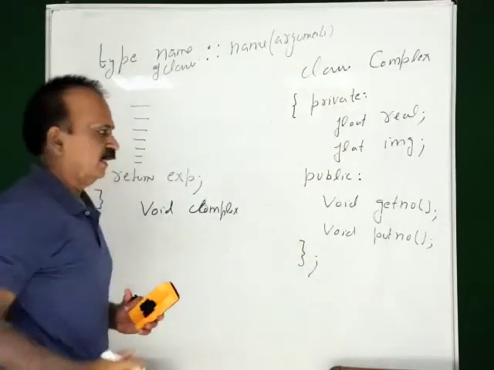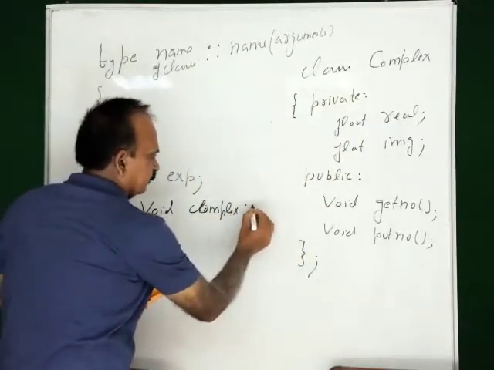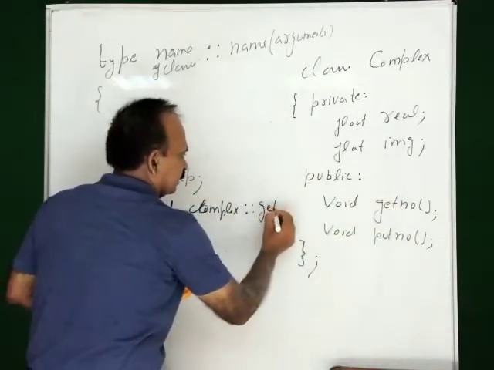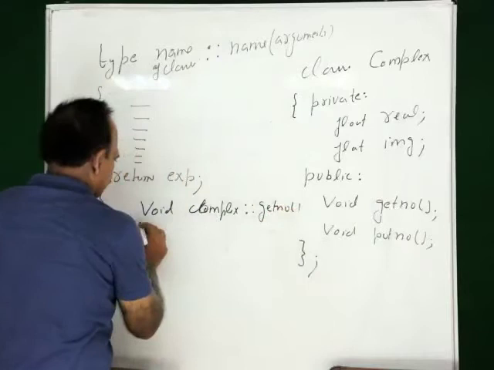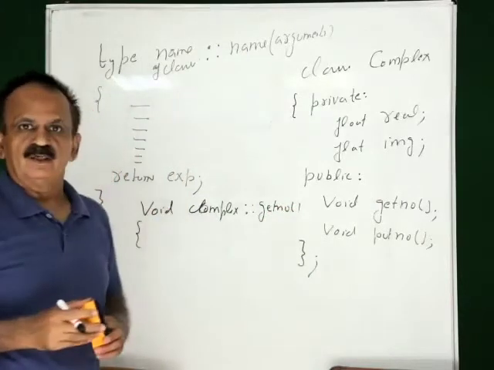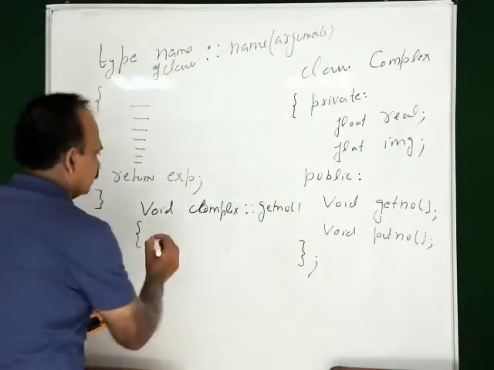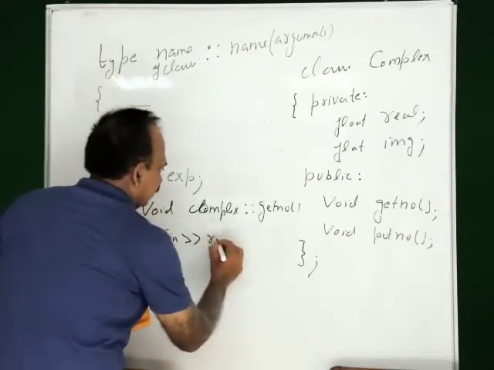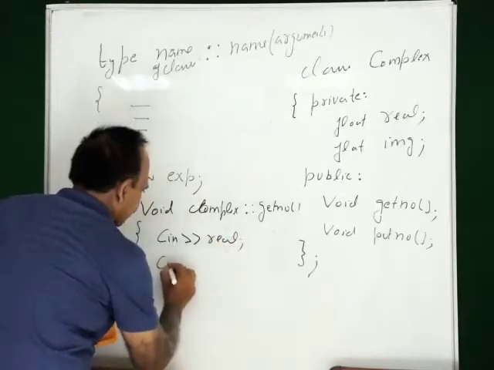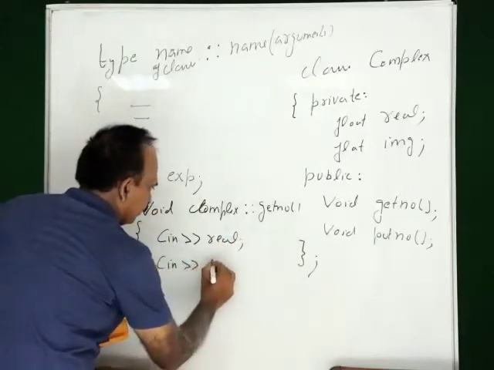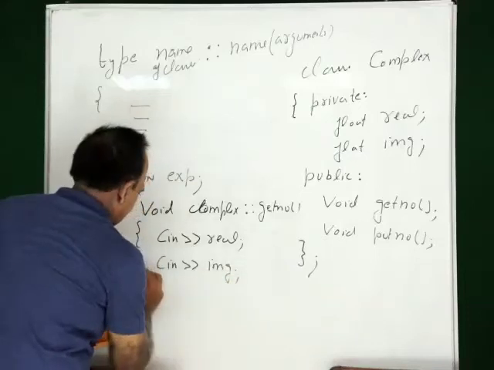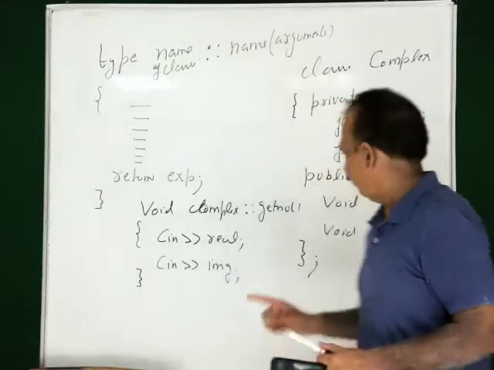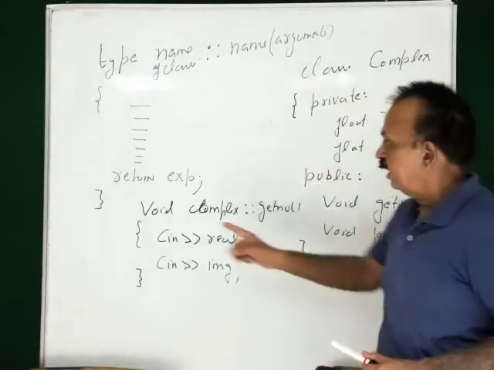Then there will be the scope resolution operator, followed by the name of the function, get number, braces. We can write the code here. Say the code is input of real part, and the next one is input of imaginary part, and braces closed. This is the definition of one of the functions, this one, outside the class.